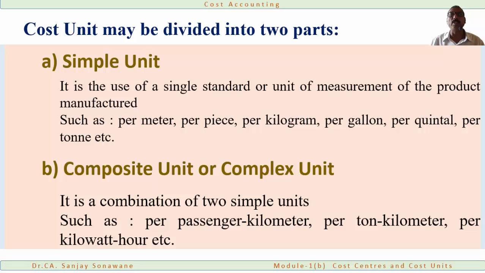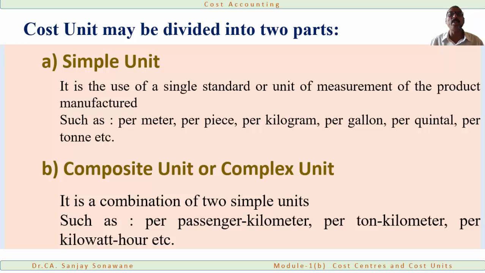So first, we are running a bus. Per kilometer, what is the cost of running a bus that you have to calculate. But in a bus, we do not carry only one passenger. We cannot charge the whole money from that passenger. Say there are 40 passengers in a bus, and let us say the per kilometer cost of running a bus is 40 rupees.